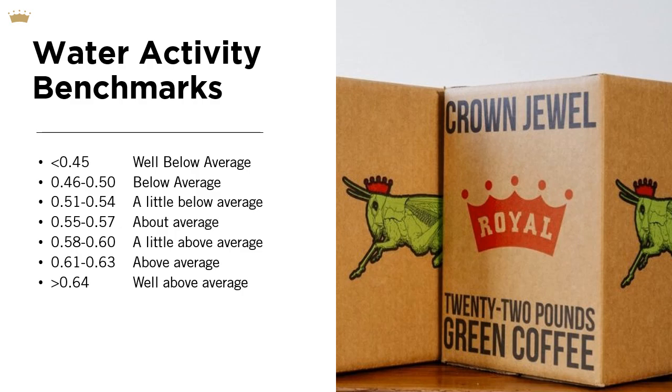Anything above that 0.64 range is what I'd consider well above average, and we'll get into a little bit more of the implications of that in the next couple of slides. And then any coffees below 0.45 I'd consider well below average. In my personal opinion, it's far better to have lower water activity than it is to have high water activity, because it indicates better shelf stability.